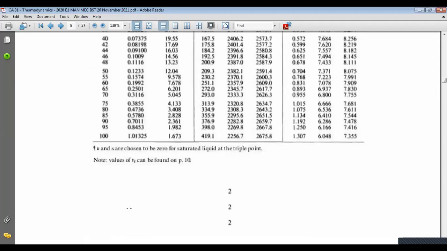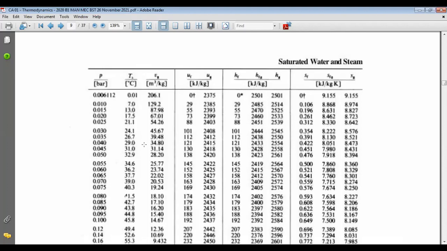Then the density column, then the enthalpies, H, enthalpy, and there is something different: entropy.